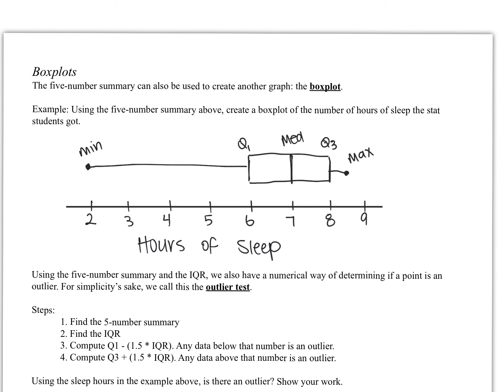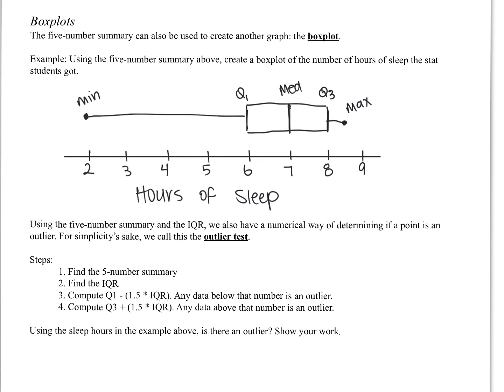So I mentioned before that we would eventually talk about how we can calculate outliers mathematically, and that comes from the 5-number summary and the IQR, and it's called the outlier test. So you have to have the 5-number summary in order to calculate outliers. You then need the IQR, and then you do 2 things.